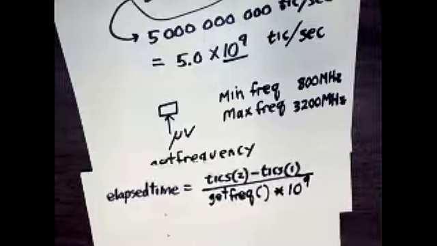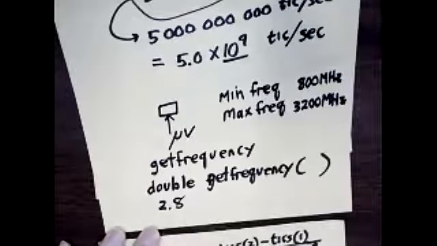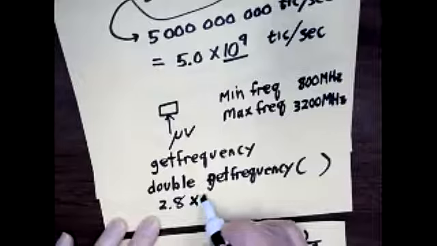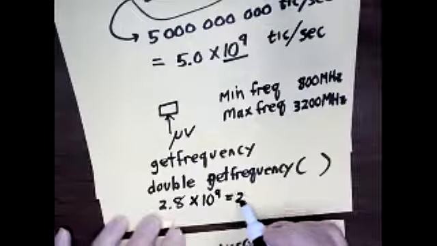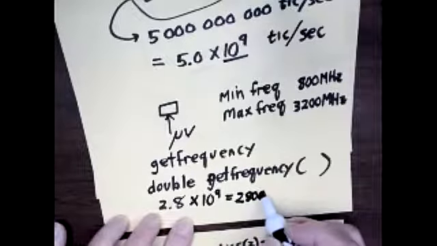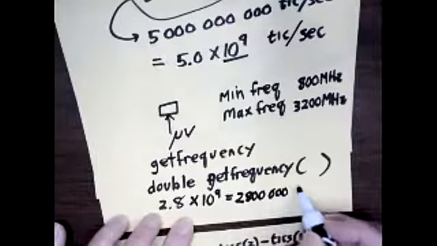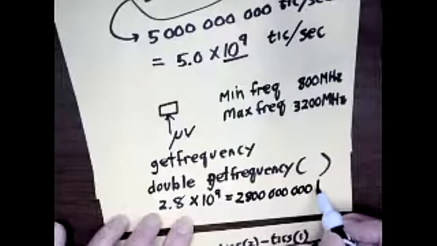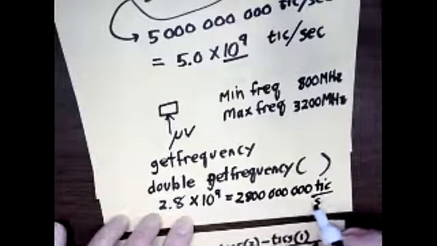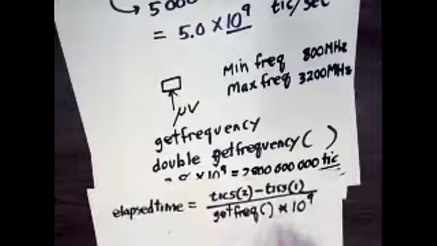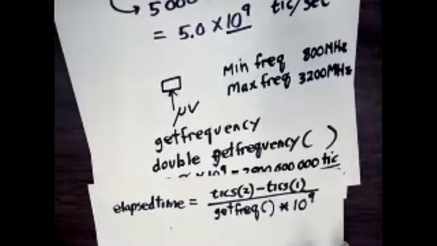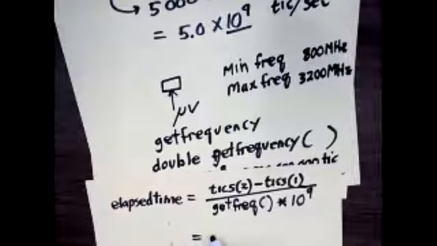So the frequency number, like 2.8 times 10 to the 9, which is 2,800,000,000 ticks per second. Okay, so if you divide by that number, your answer will be a time interval in seconds. Right? That gives you an answer in seconds.